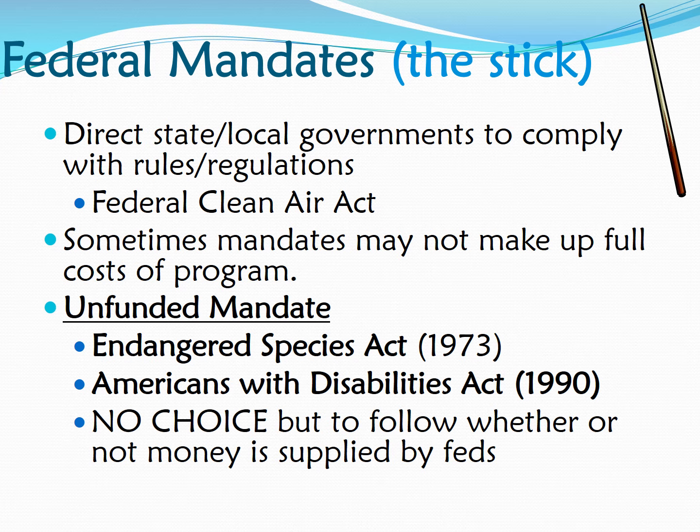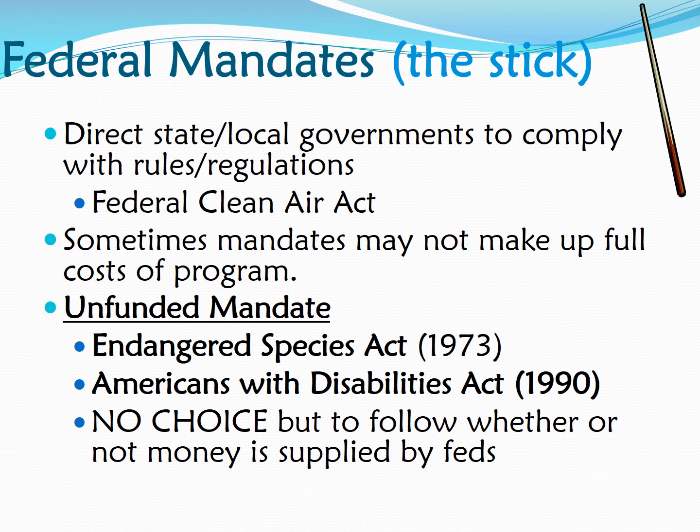One way that the animal trainer can get the animal to do the trick is by presenting negative stimuli, in other words, perhaps hitting the animal with a stick or a whip of some sort, and the animal will perform the trick because it wants to avoid the punishment. In this case, the federal mandate works that way too, where the federal government requires the states to comply with rules and regulations, as well as requires them to cover the costs of implementing those programs.